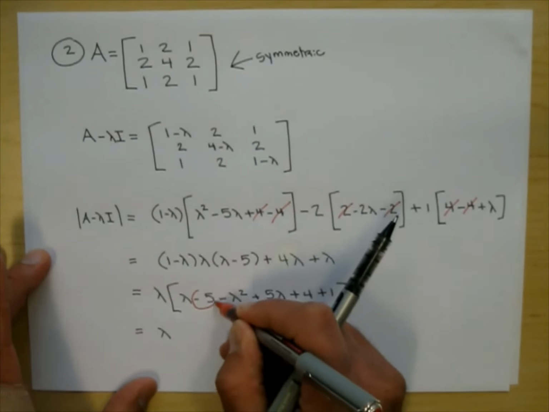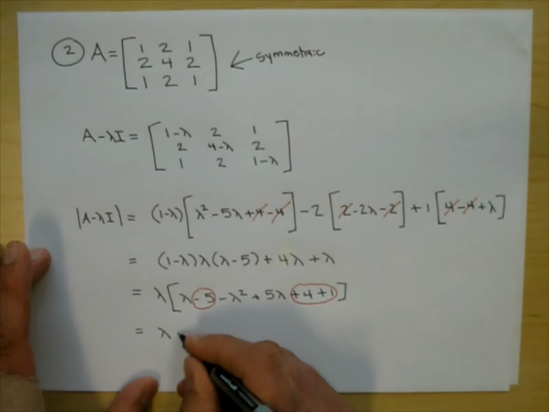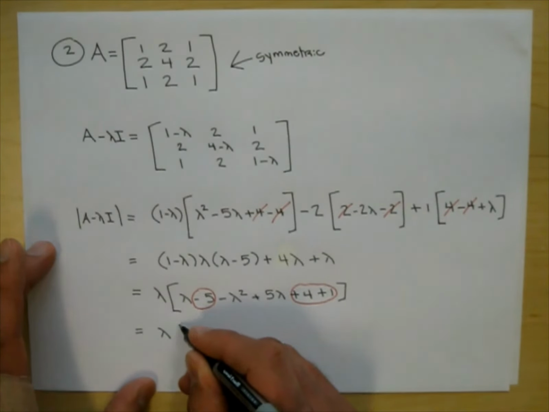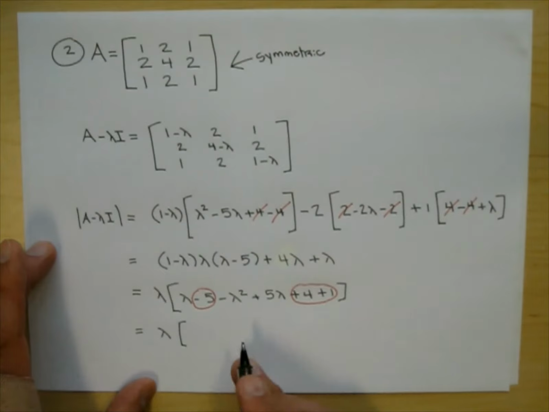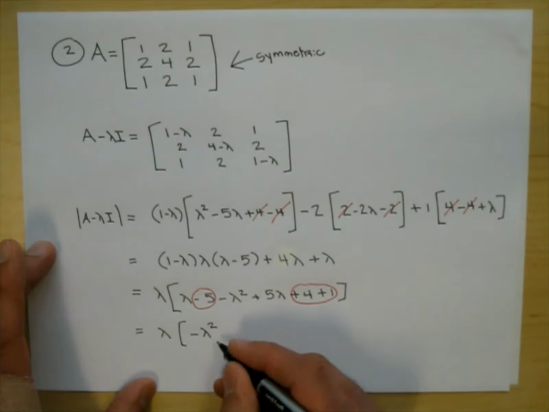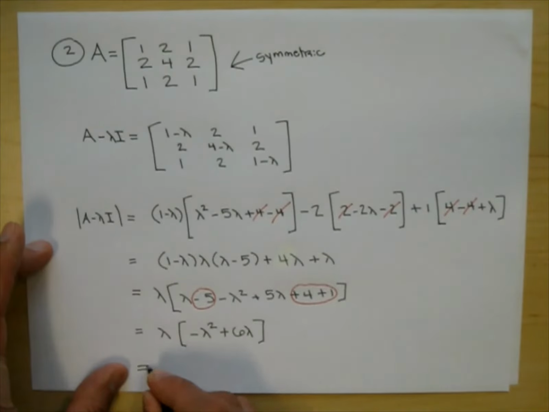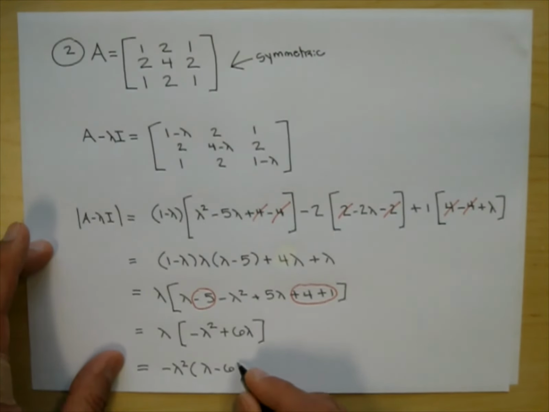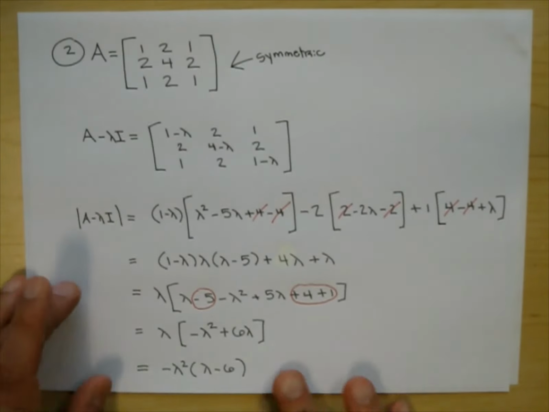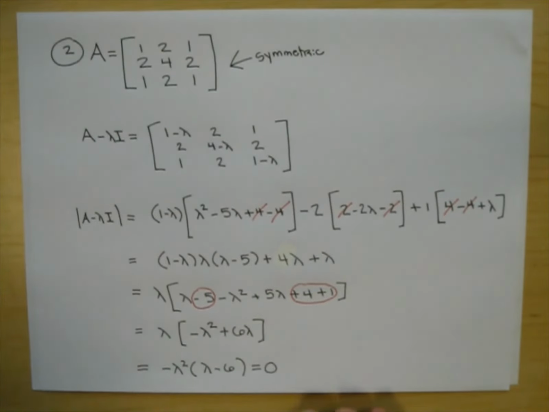This is a negative 5 here, positive 5 there. So this gives me negative lambda squared plus 6 lambda. I'm going to factor out a negative lambda, so now I have negative lambda squared out front, and then this is going to give me lambda minus 6. I'm going to set this thing equal to 0, and that's going to give me some eigenvalues.